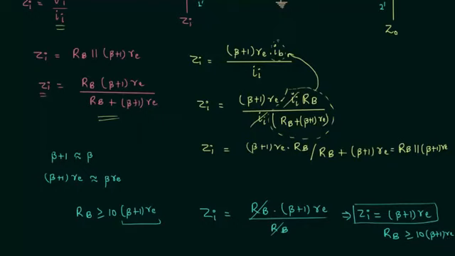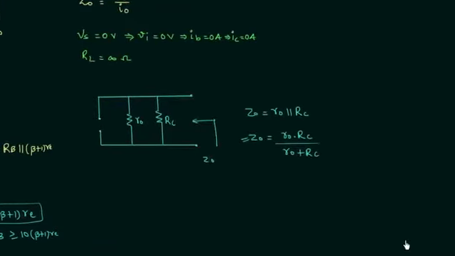Now we will simplify the expression of output impedance. Ro is the output resistance of the re model, and we already know Ro is a large resistance. In case of common emitter configuration, it is in the order of mega ohms, and in case of common base configuration, it is infinity. So Ro is larger than Rc, and to be more precise, if Ro is greater than or equal to 10 times resistance Rc, we can neglect Rc.